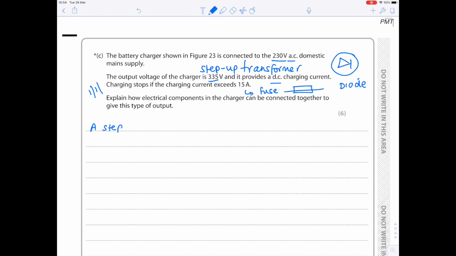A step-up transformer is needed to increase the voltage.